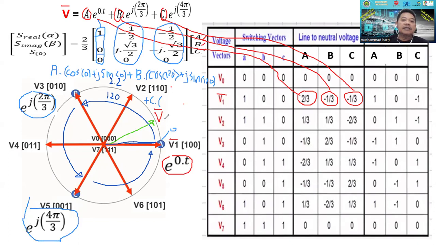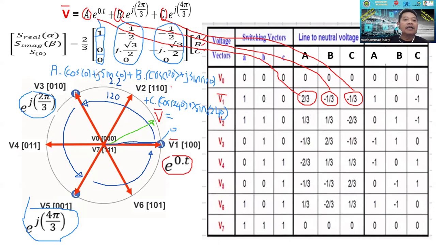And here is cos 240, and then plus j sin 240, right? Yeah, right.